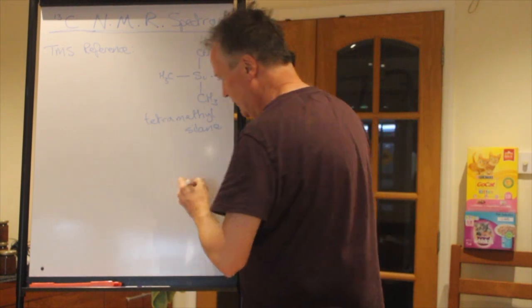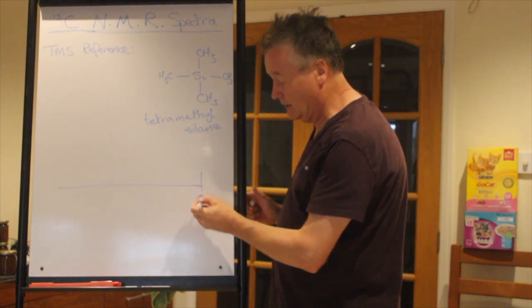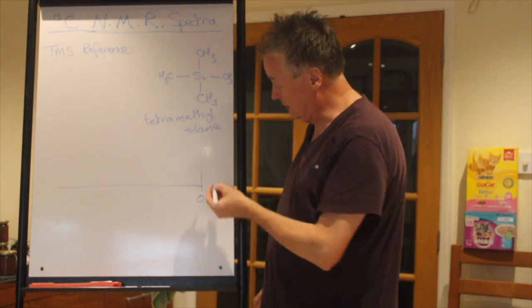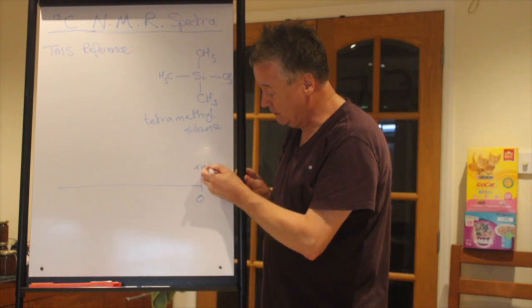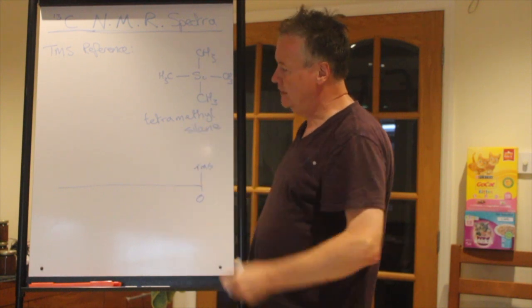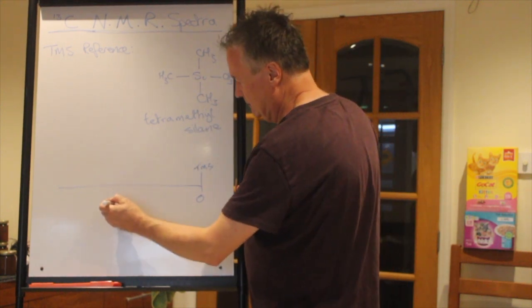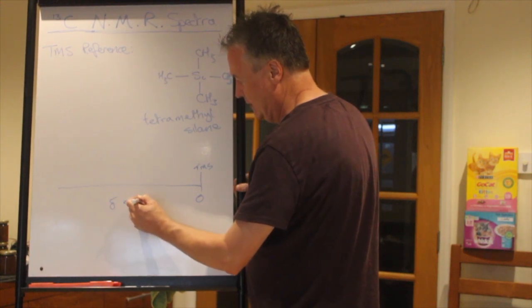So when you look at an NMR spectrum, you'll find the 0 is there, and you may have noticed on the previous video when I did it, I did a little line at 0. This, which obviously I didn't mention then, is the TMS marker. So tetramethylsilane, and then chemical shift, and it'll be in ppm.